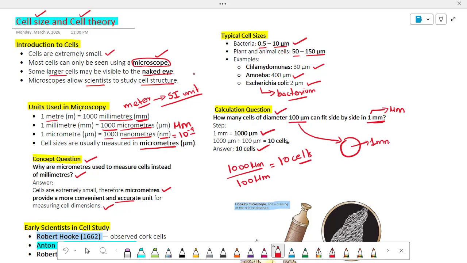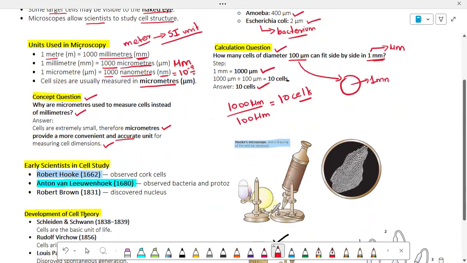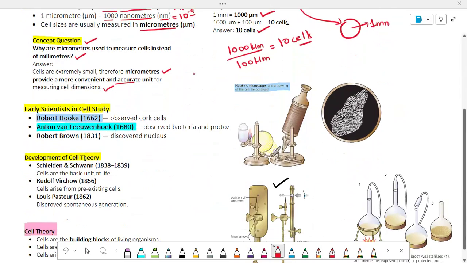Now moving ahead, I am going to discuss the cell theory, how early scientists studied the cell and its structures using different microscopes. It is a very interesting topic and also very important for exams.